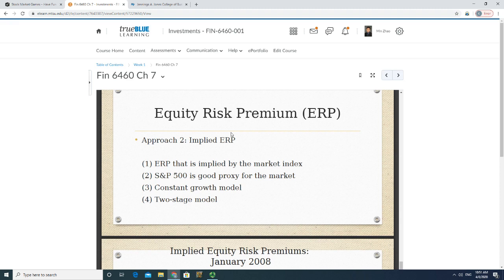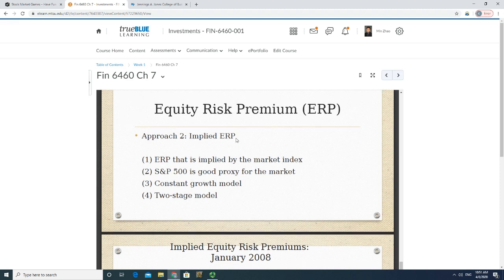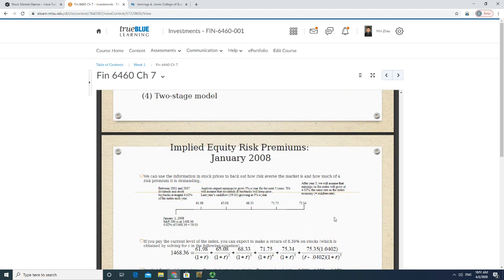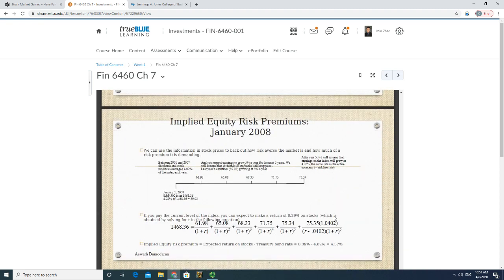S&P 500 is a good proxy for the market return, and if we use a stock valuation method, either the constant growth model or the two-stage model, then we can estimate the implied active risk premium embedded in the current S&P 500 index.